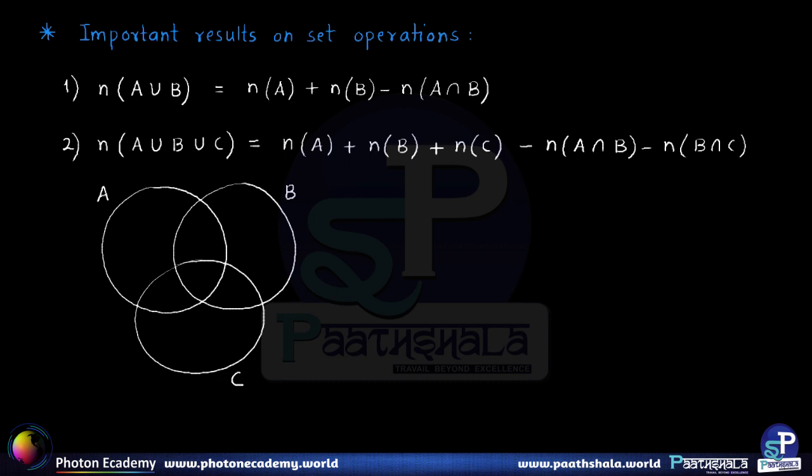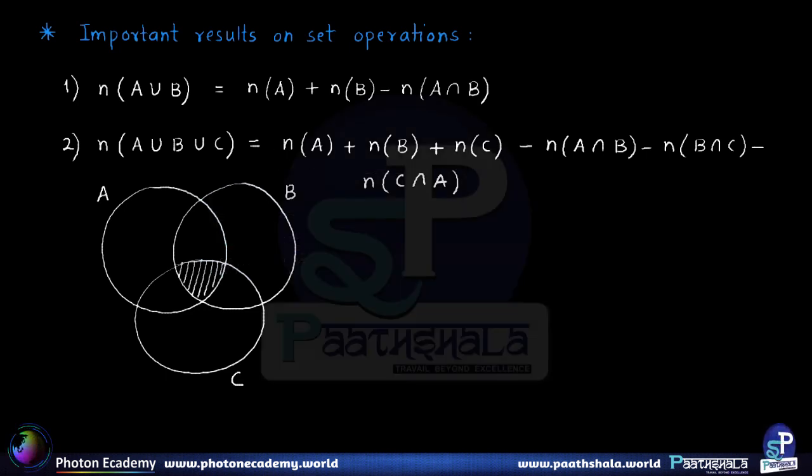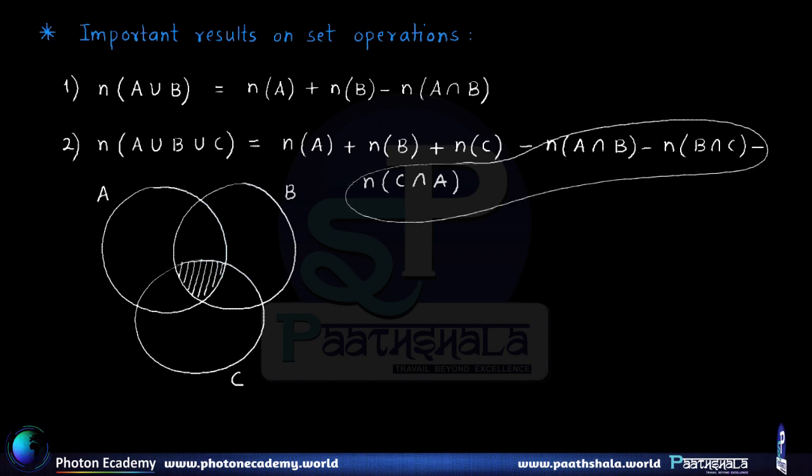So therefore we have to do minus n of A intersection B, minus n of B intersection C, minus n of C intersection A. But in doing this we have introduced a new problem, that is the region which is common to all the three regions A, B, C. This region was present in each of the three regions A, B, C, as well as in each of the three regions that we subtracted, isn't it?